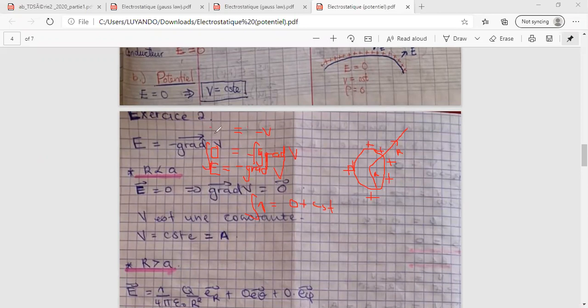So we have V is equal to a constant. V is equal to any constant.